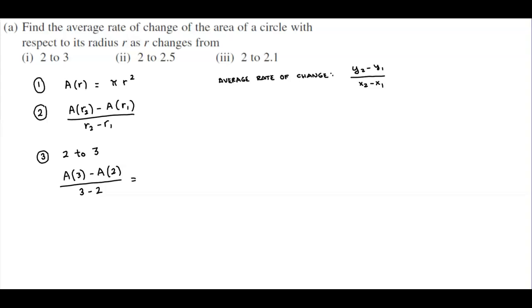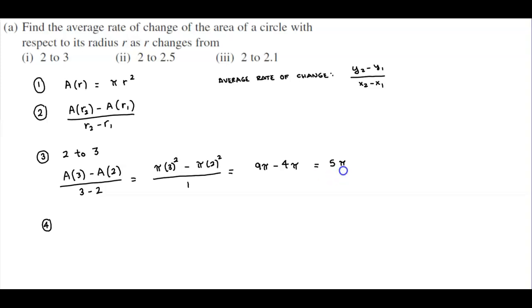Okay, so if we plug in r, we have pi times 3 squared minus pi times 2 squared over 3 minus 2, which is 1. So we end up getting 9 pi minus 4 pi over 1, which is equal to 5 pi. So for 2 to 3, the average rate of change is 5 pi.